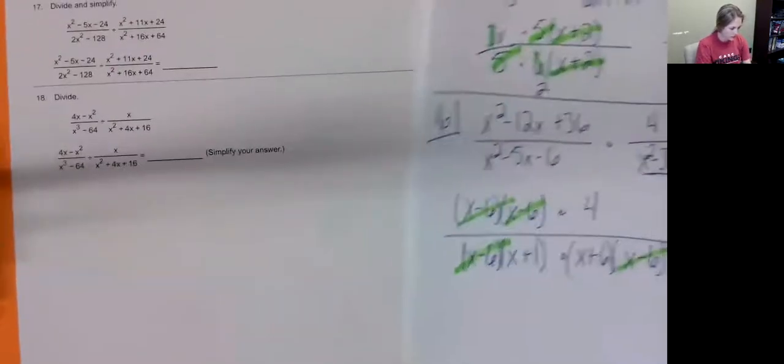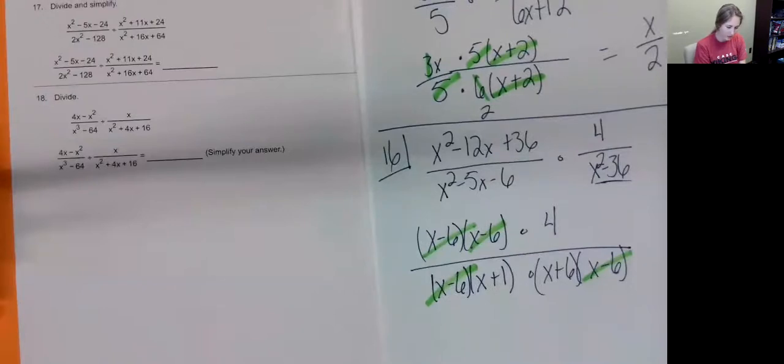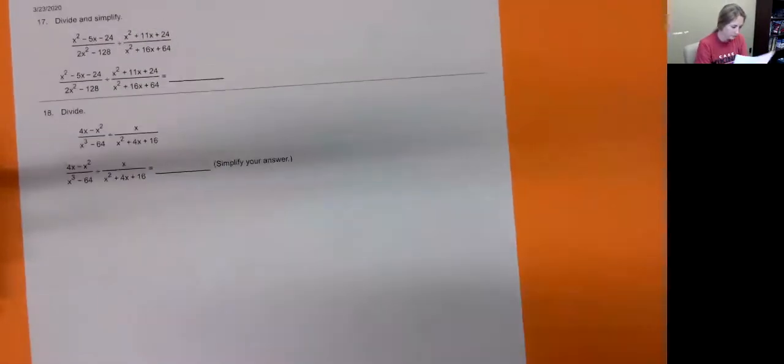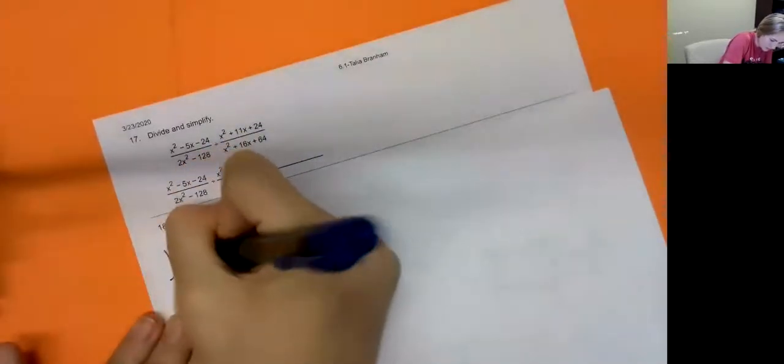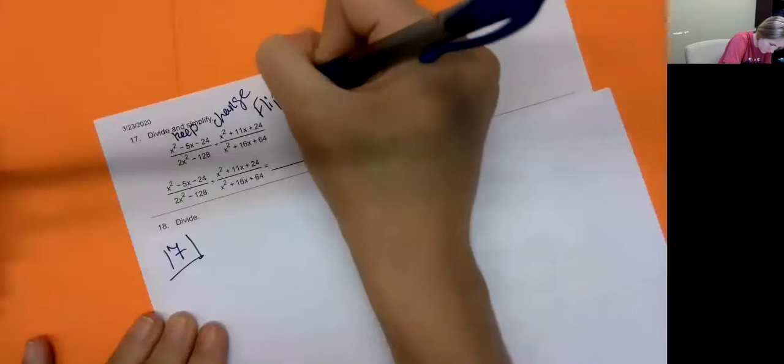Okay, 17. Yeah, you probably need a new page. Since it's division, we're going to keep, change, flip.